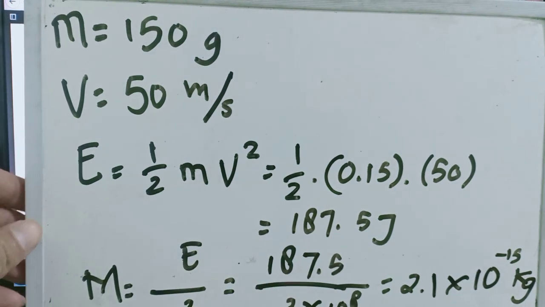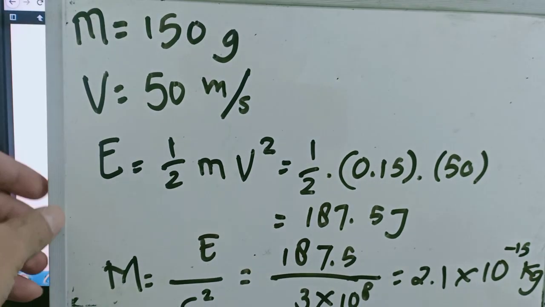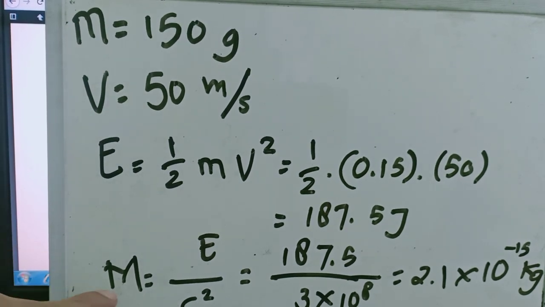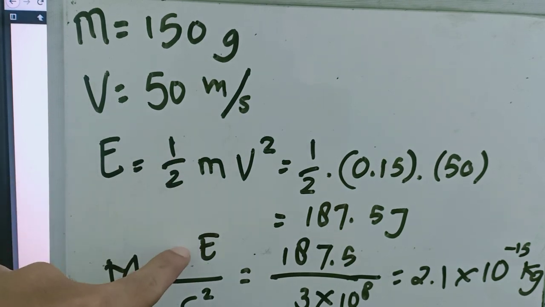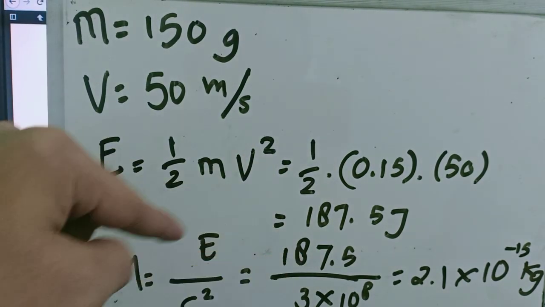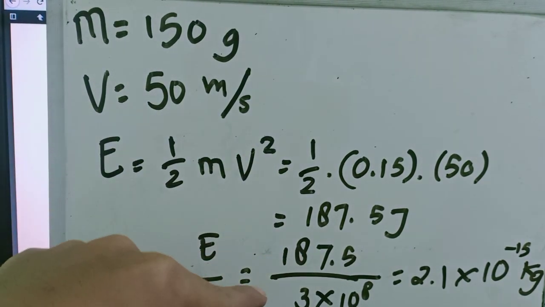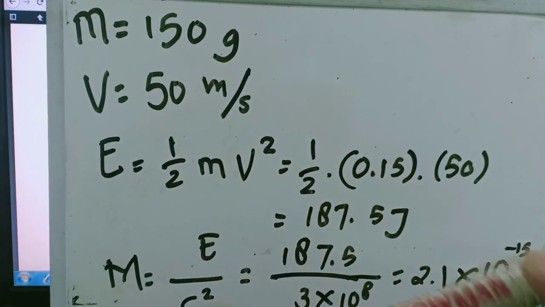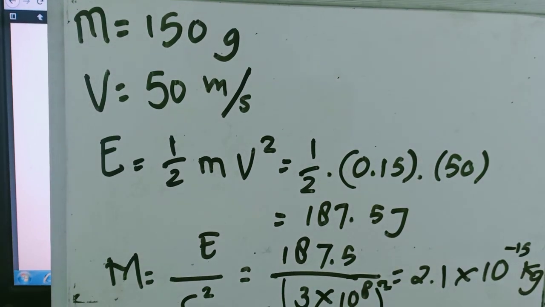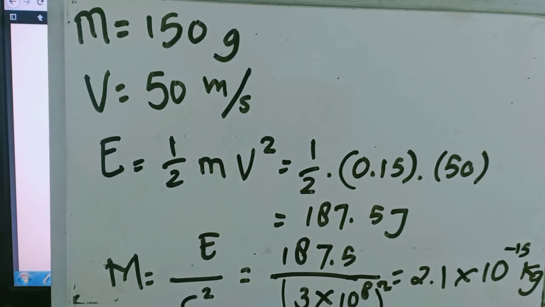If we put this energy into the mass energy equation, we will get mass equal to the energy over the speed of light squared. The energy is 187.5, and then the speed of light is 3 times 10 to the power of 8. This one needs to be squared. Okay, and then we get 2.1 times 10 to the power of negative 15 kilogram, which is very small.